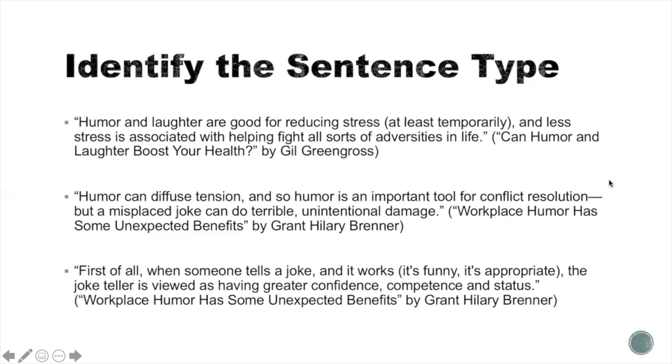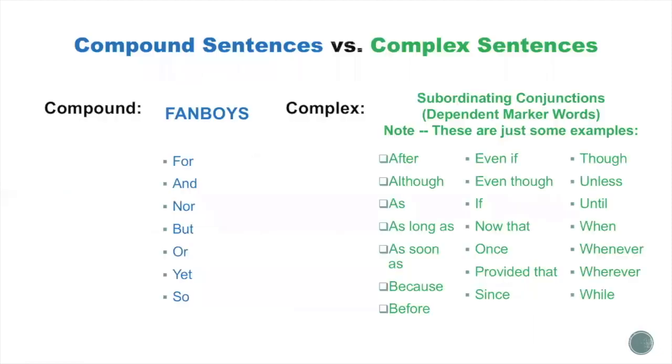So do the same thing with this next sentence, sentence 2. Look for a FANBOYS word, cross it out and add a period. Try to decide, is this a complex sentence? Then look for dependent marker words. So look at your notes or rewind this video just a little bit for the example, right? Dependent marker words.